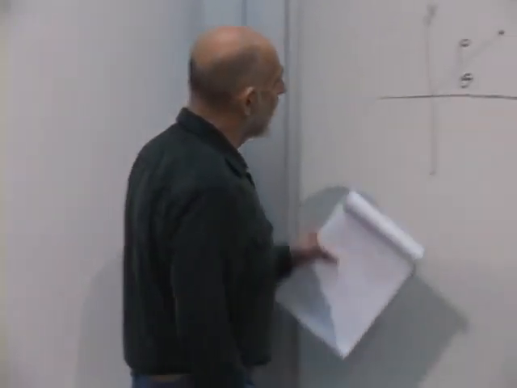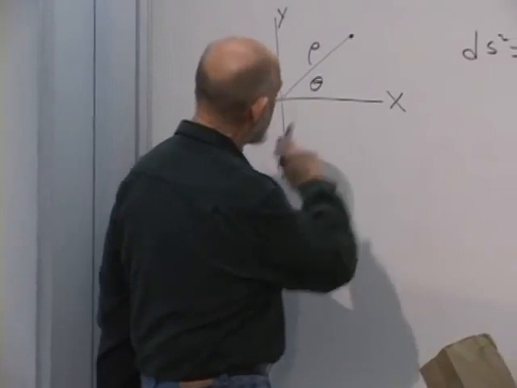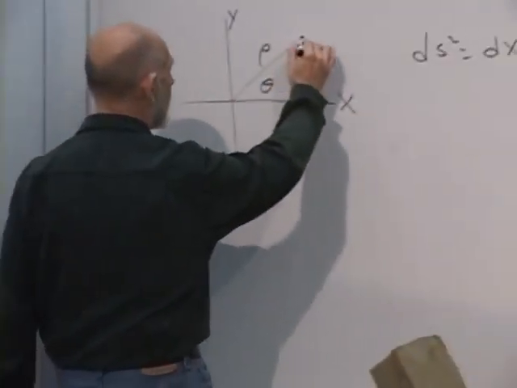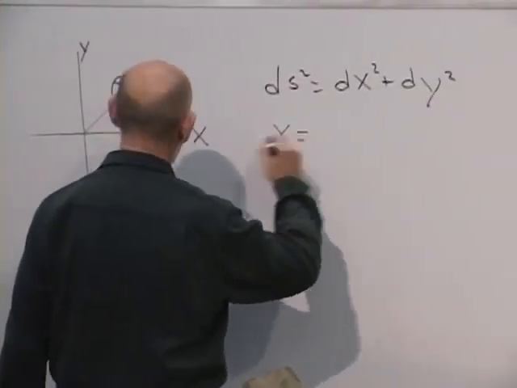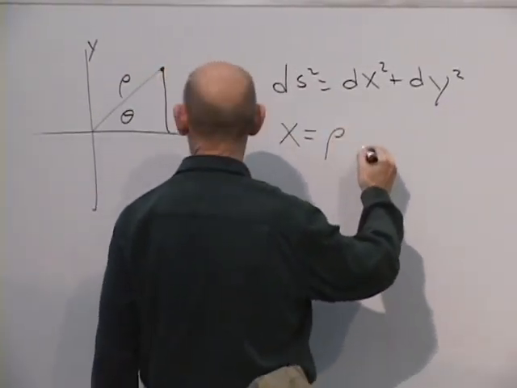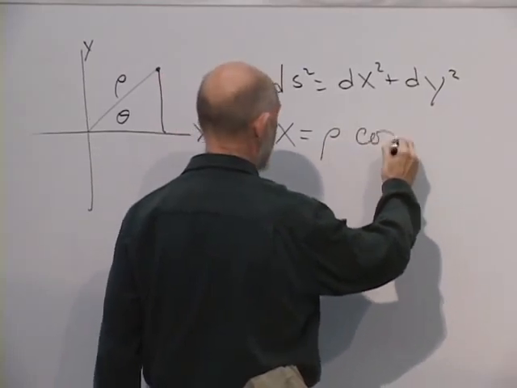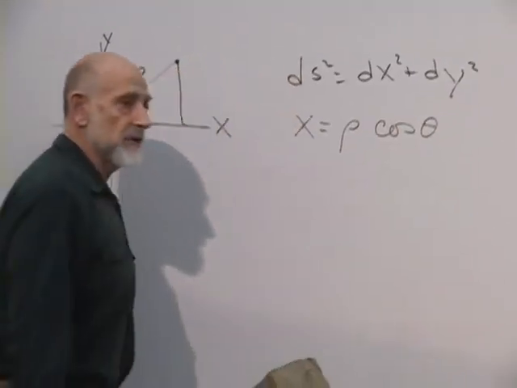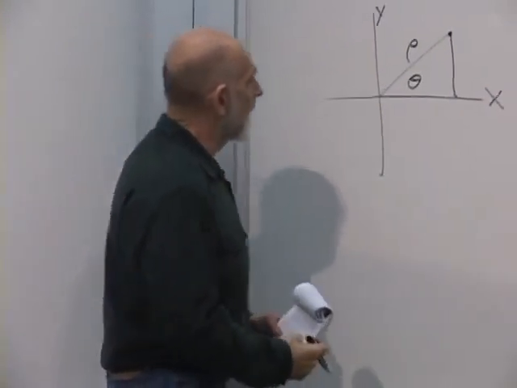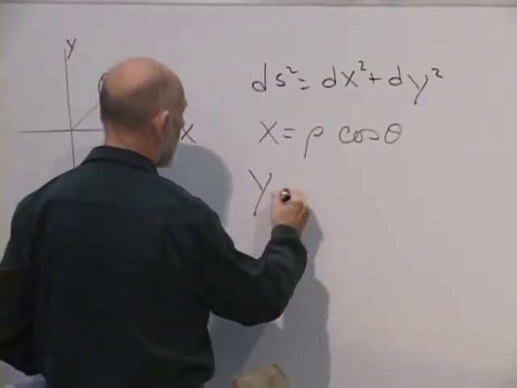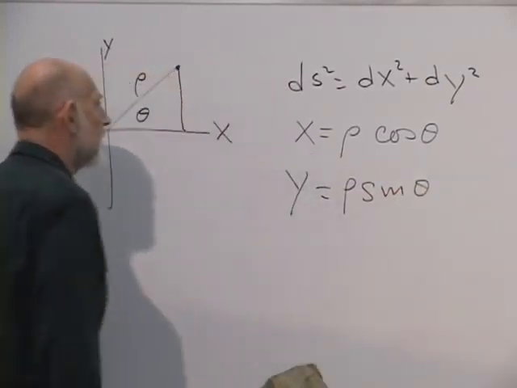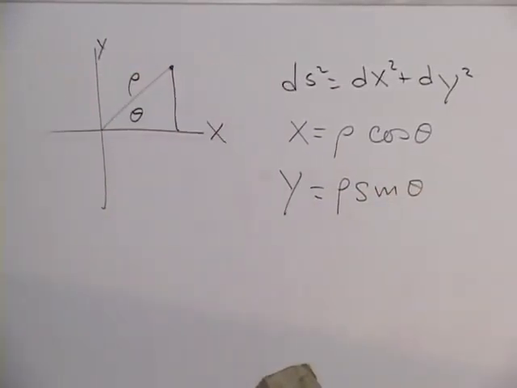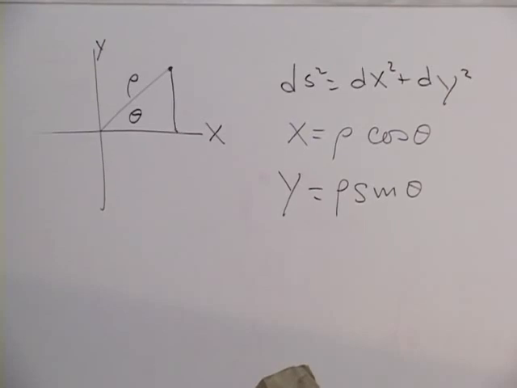Okay, first of all, what is x in terms of rho and theta? We just drop a perpendicular. x is equal to rho times cosine of theta, right? That's the definition of cosine. And y is rho sine theta. Everybody agree? Okay, good.